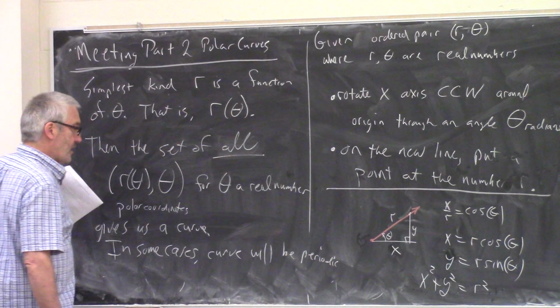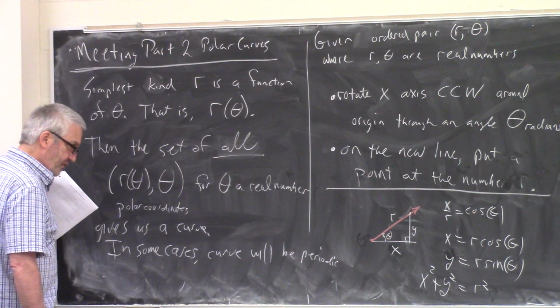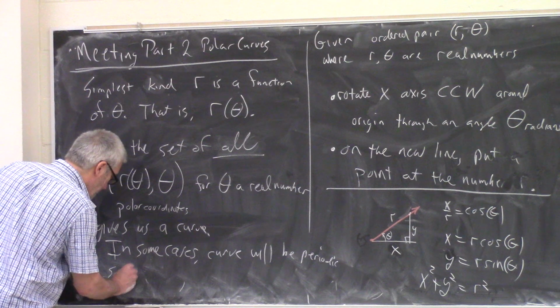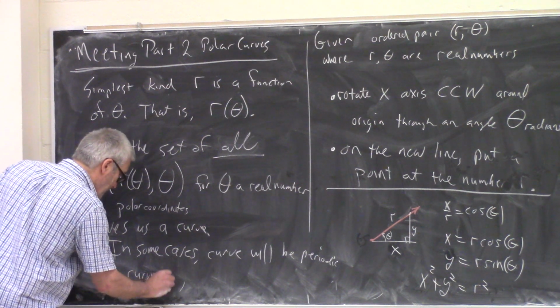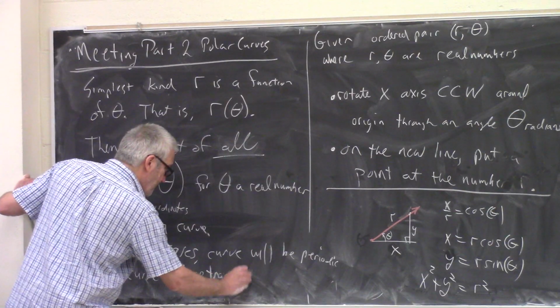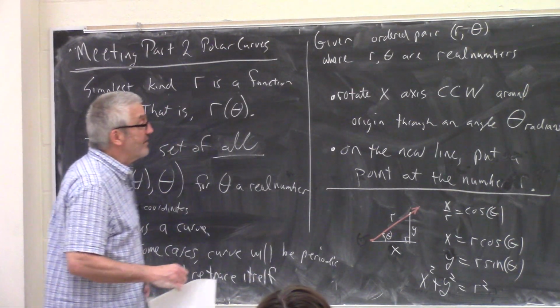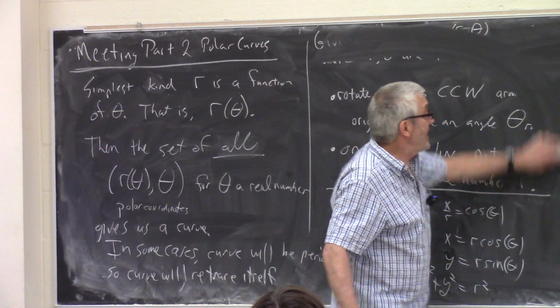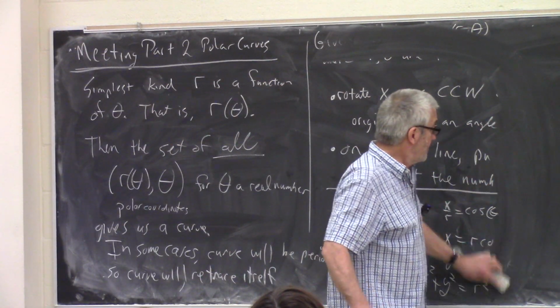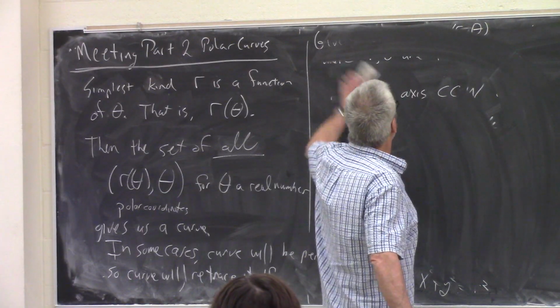So the curve will start to retrace itself. And in those cases, we can actually consider a smaller domain. To see how the curve looks, you just go until it starts to retrace itself, look at those thetas, and then you're done.